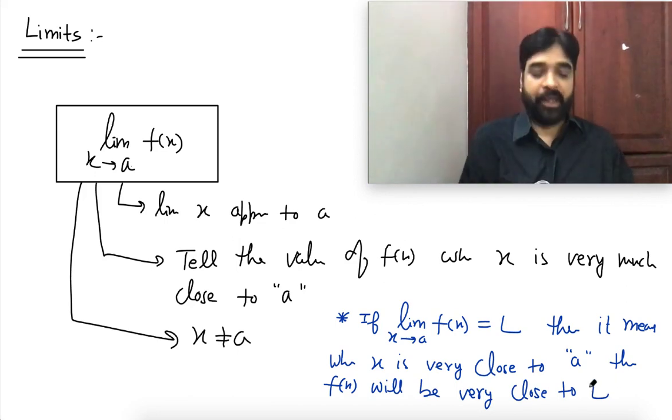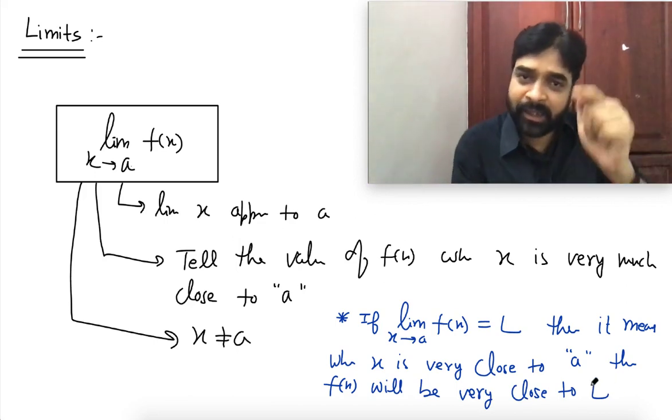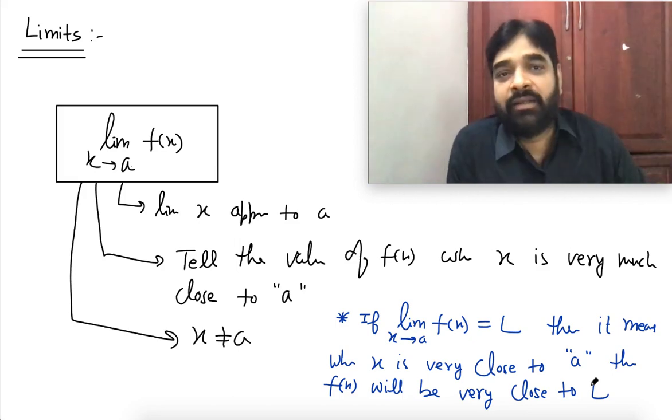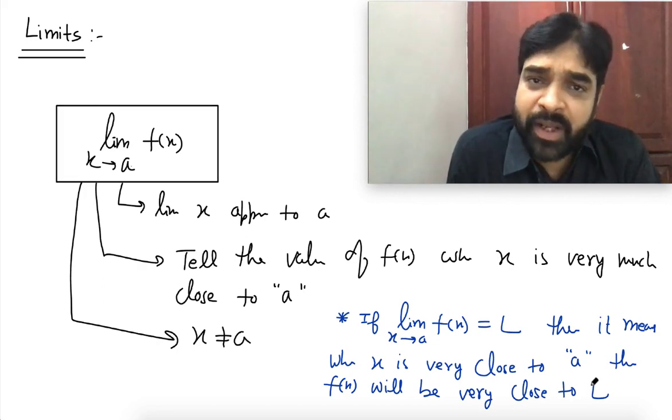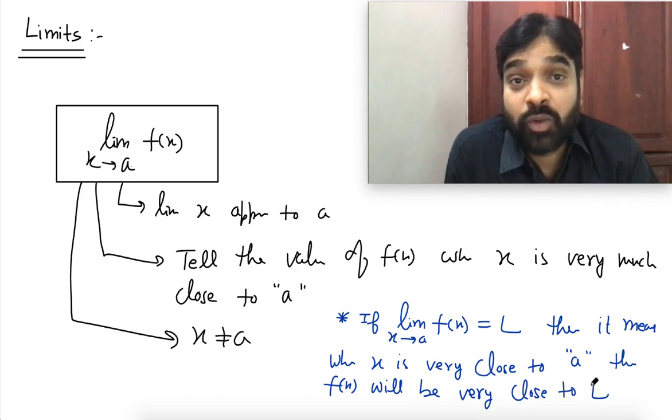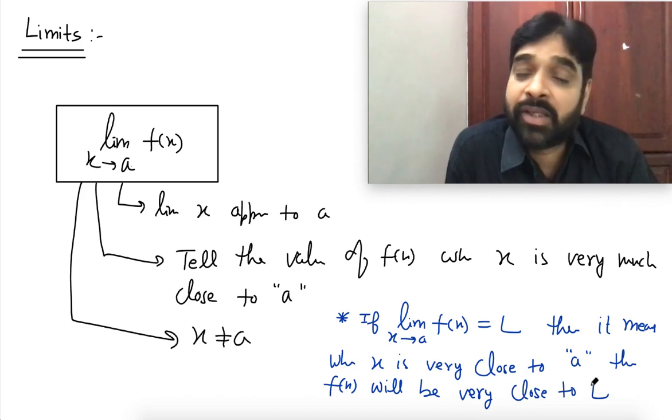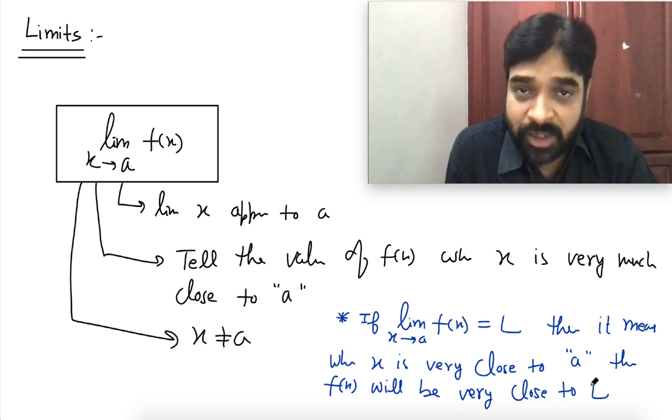This is the meaning. Neither x is A nor f(x) is L. Both are limiting. Means when x is very close to A, then f(x) will be very close to L.